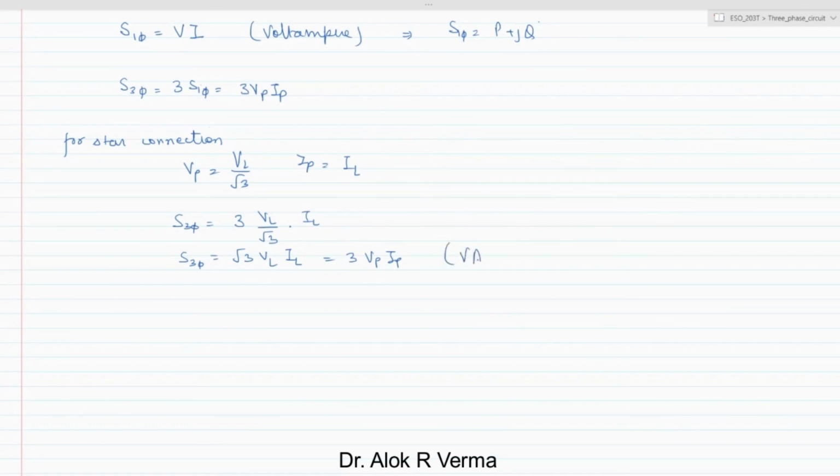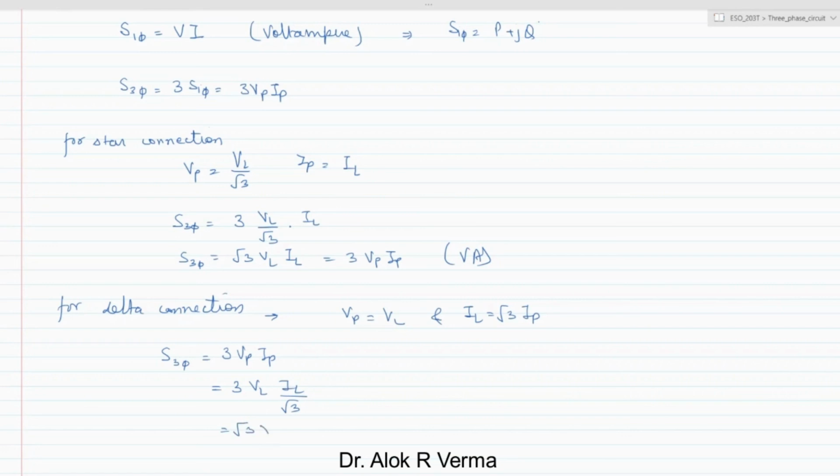This is volt amperes. Similarly, for delta connection, the three phase S will be 3 V phase into I phase, but in delta connection we know that V phase is equal to line voltage, but the line current is root 3 times the phase current. So here we can write it as 3 VL IL by root 3.